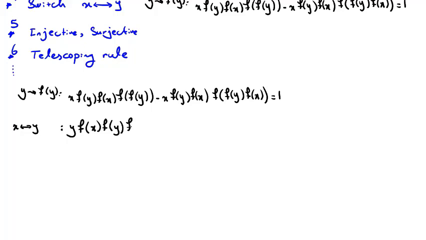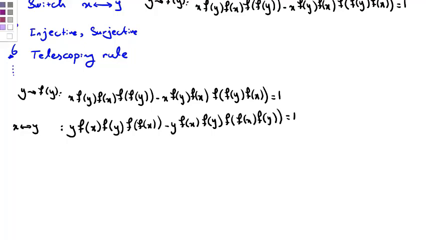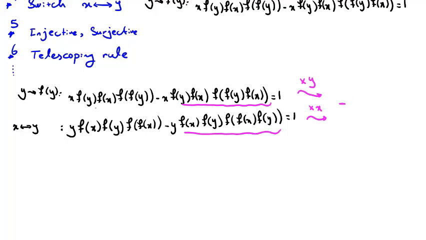Here, change x and y, it will be f of x minus, this one is what? y, f of x, f of y, f of x, f of y equal to 1. Now, if we consider these two equations and we want to get rid of that, these things are equal. So, if I multiply the first one by y, like two equations, two variables, and this one by x, and then subtract, let's see what we have.